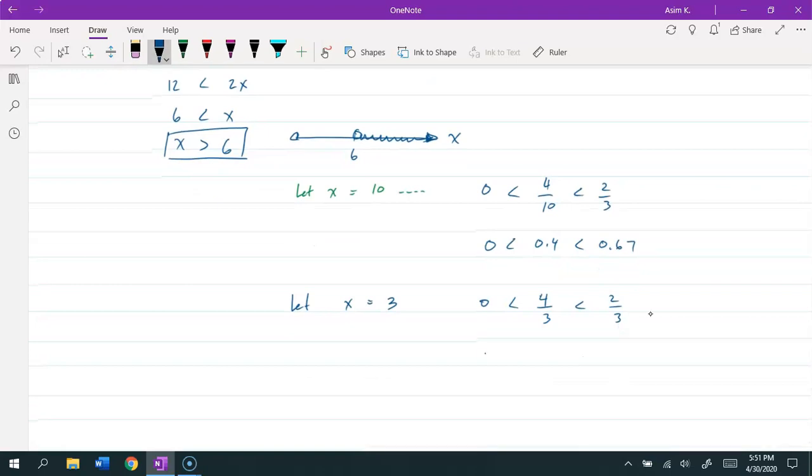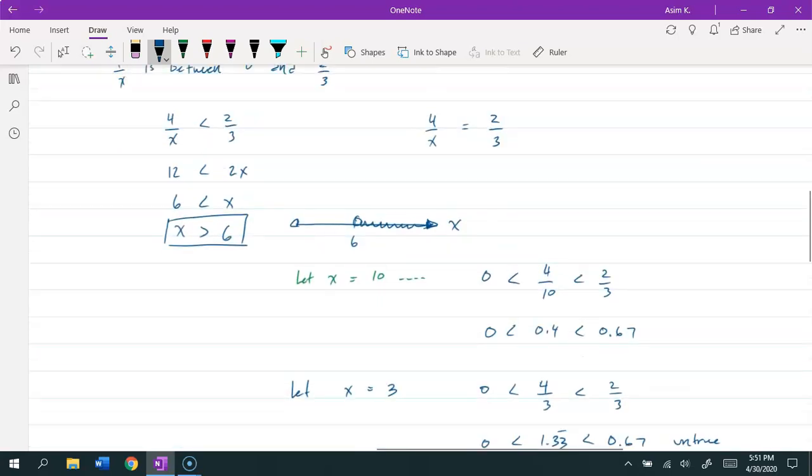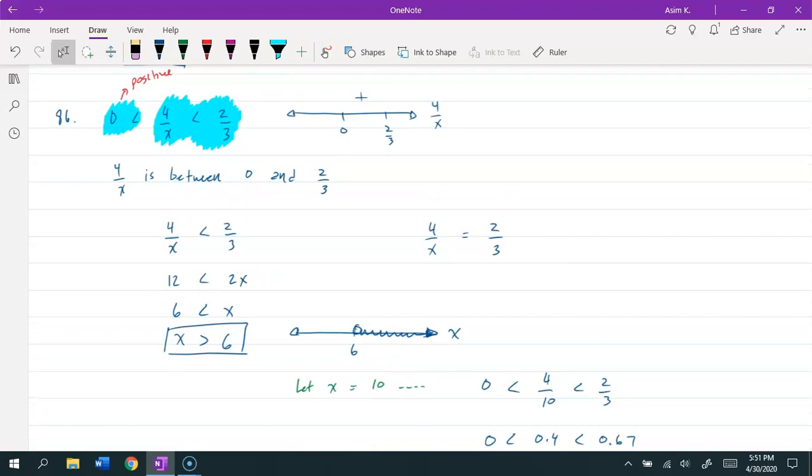Now in this case, you end up with 0 is less than 1.33 is less than 0.67, and of course we just rounded that 6 to a 7. So in this situation, notice how this is untrue, and that's why we say that the answer to this question is x has to be a number that is greater than 6.